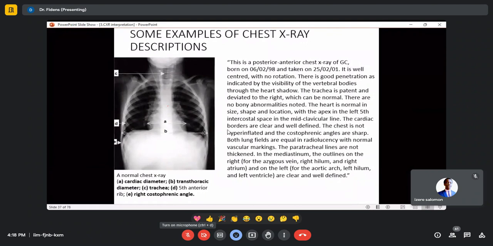The heart is normal in size, shape, and location, with the apex in the left fifth intercostal space, the mid-clavicular line. The cardiac borders are clear and well defined. The chest is not hyperinflated. Remember what it means. And the costophrenic angles are sharp. Both lung fields are equal in radiolucency with normal vascular markings.